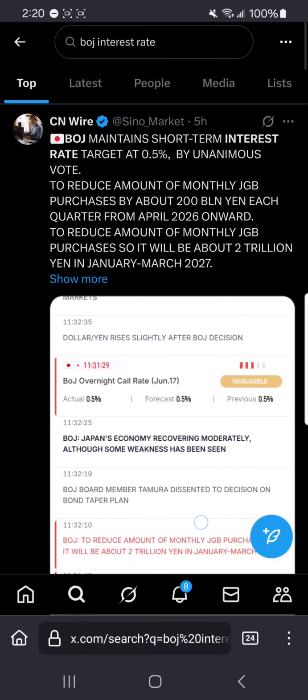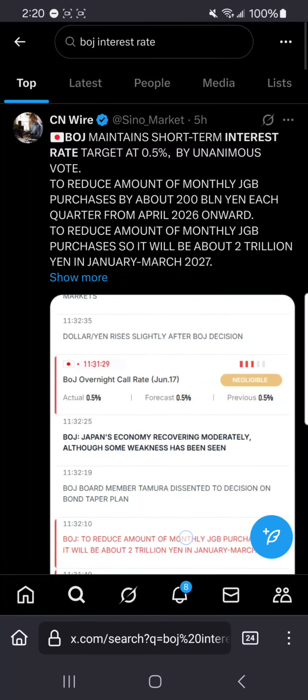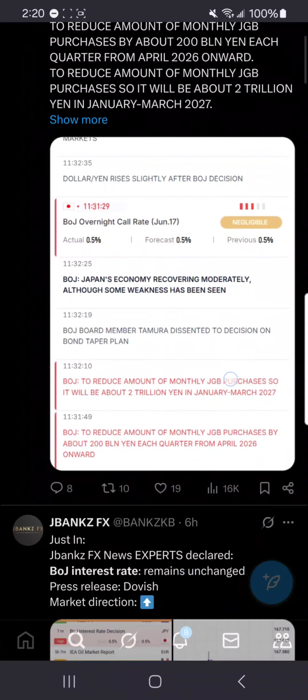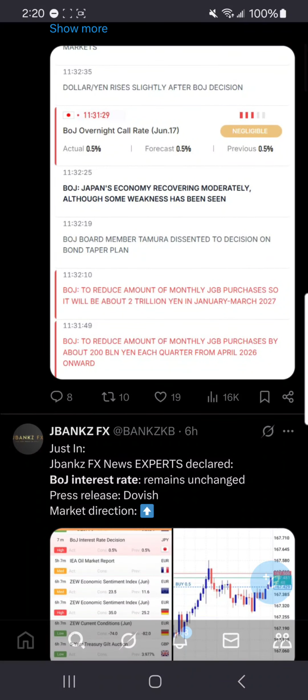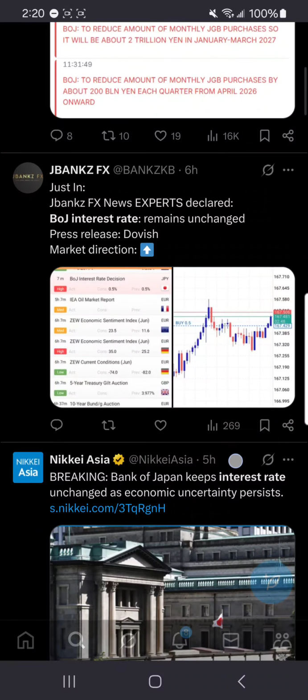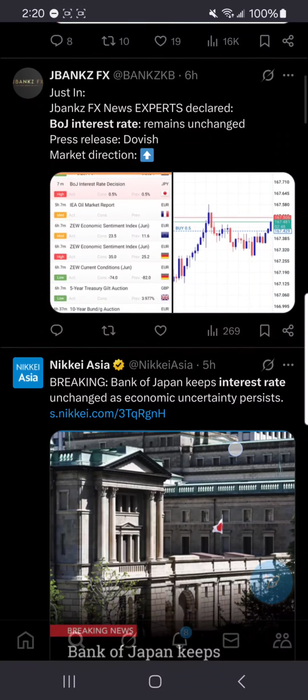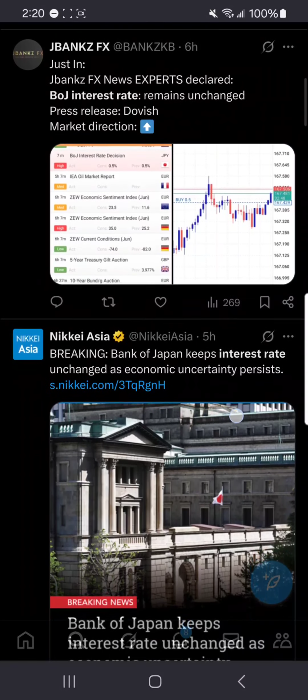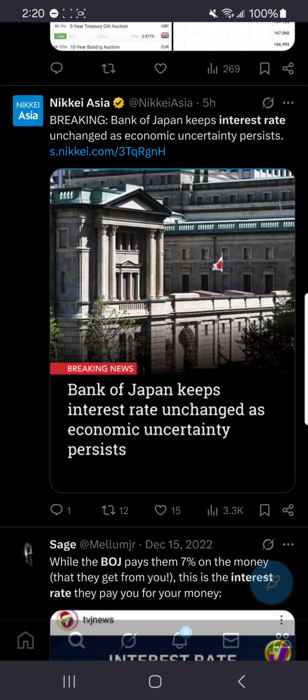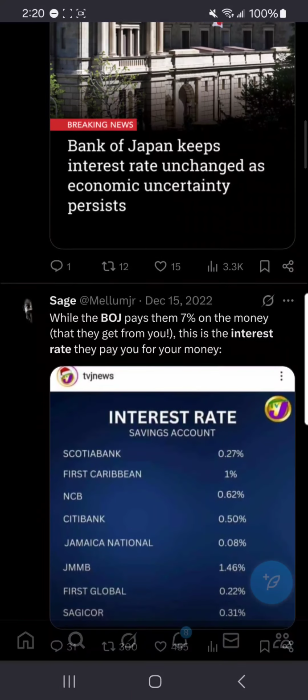So here we are. I search BOJ interest rate on X and it remains unchanged. I guess that's good.